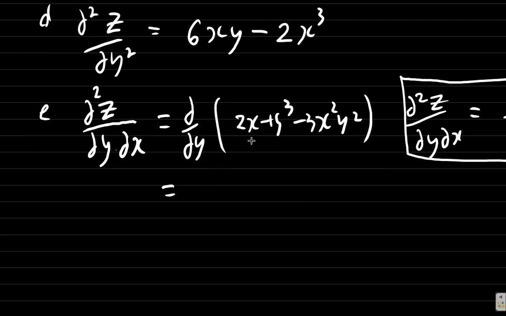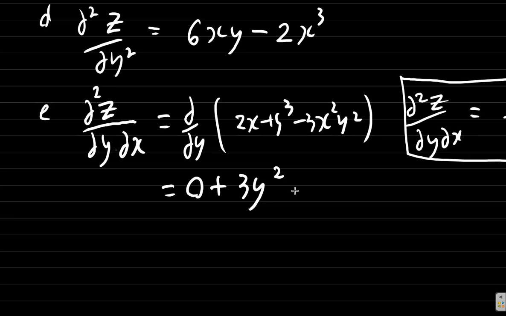So what you have is the 2x part, that's treated as a constant, so you get 0, plus, this is y, bring down the 3 in front, it's going to be 3y to the 3 minus 1, which is 2.